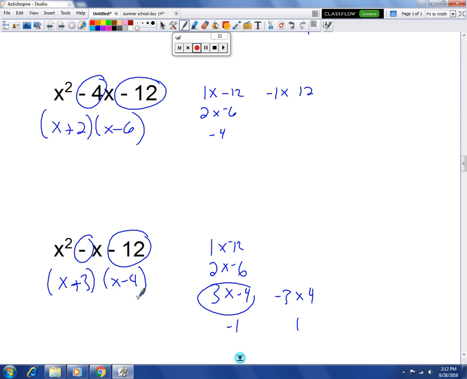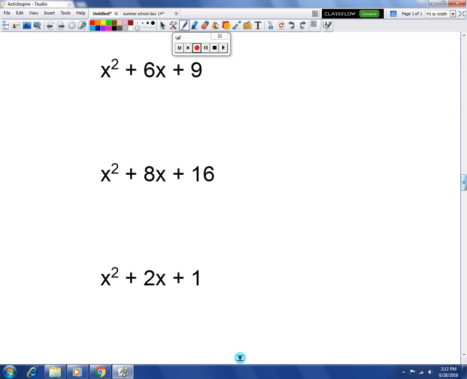Almost done. Now we've done a bunch of them. Alright, so now I'm down to kind of a special category. These are still the same idea, but there's something special if you look at all of these. That's a 9, that's a 16, and that's a 1. These are perfect squares.